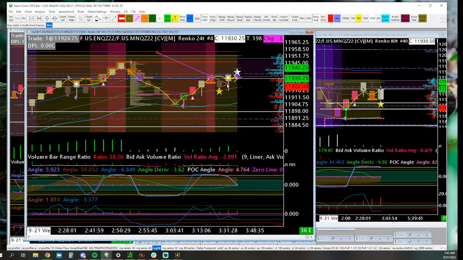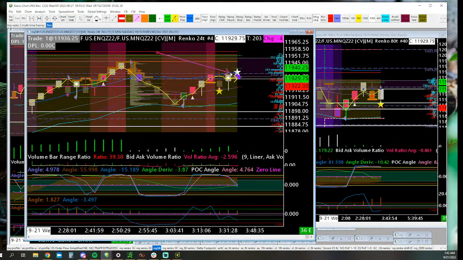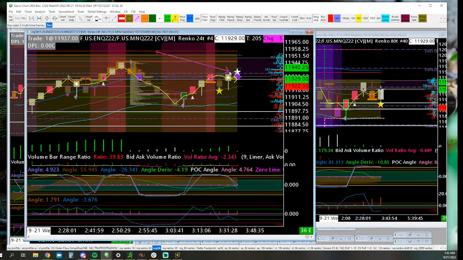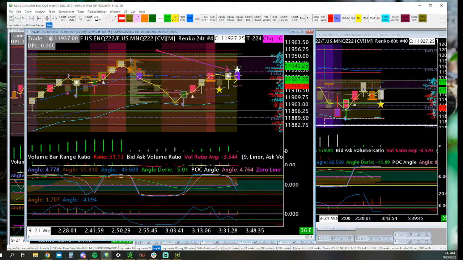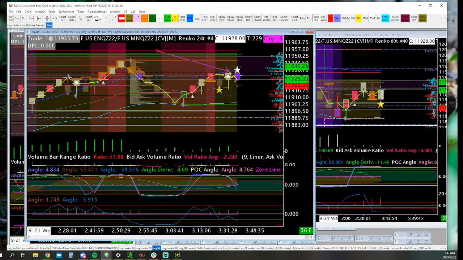Because someone's making an aggressive move right into an area where there's sellers, which, like I said, doesn't make a lot of sense to me. But I don't know what it is, right? It could be someone frantically covering because they're in London and headed out to lunch or something. A little early for lunch, but we don't know why, and it doesn't really matter.